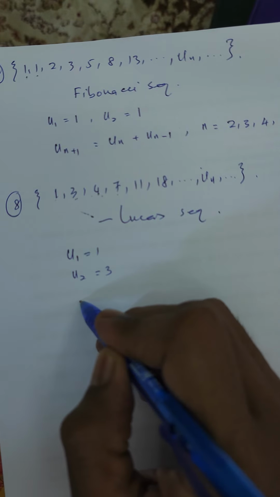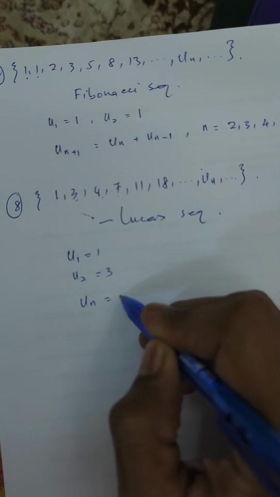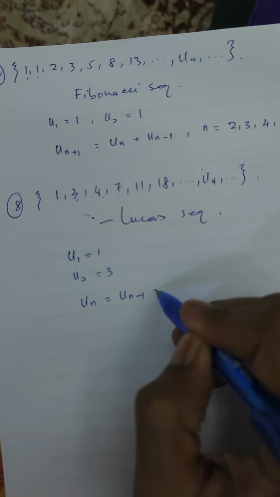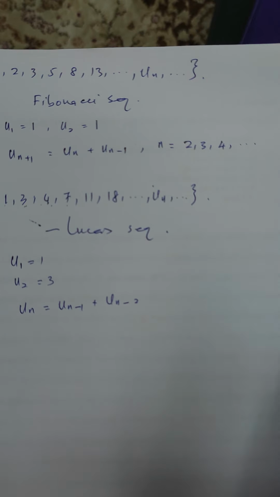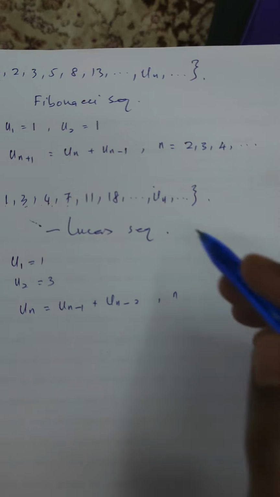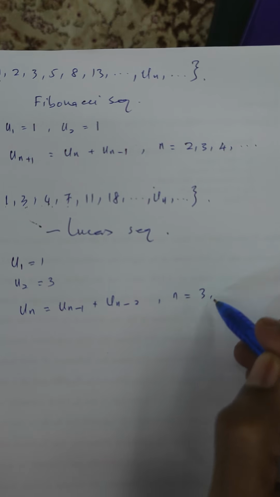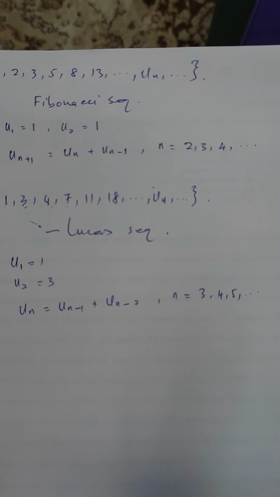So what we have here is un equals un minus 1 plus un minus 2, for n greater than what? I can say n = 3, 4, 5, and so on.